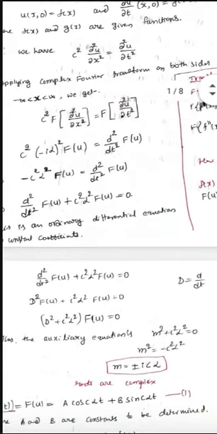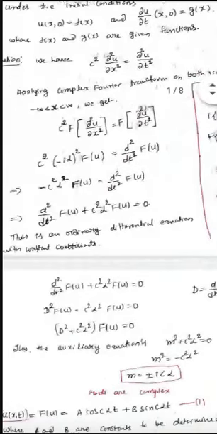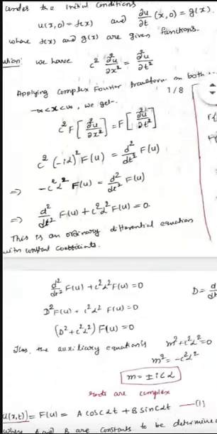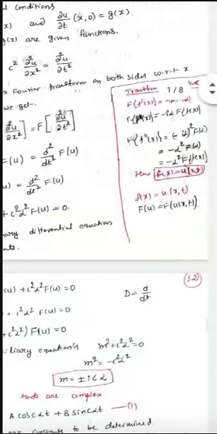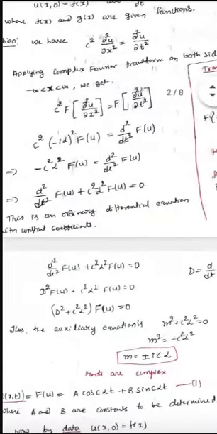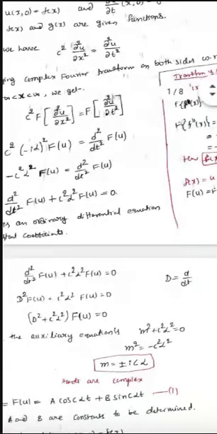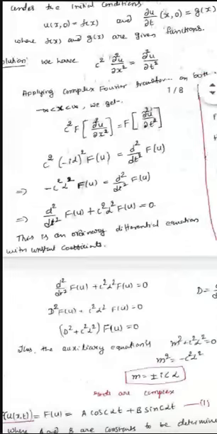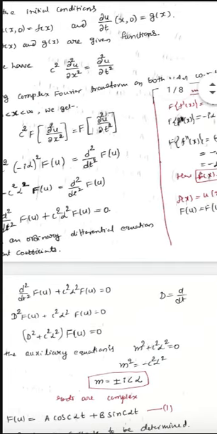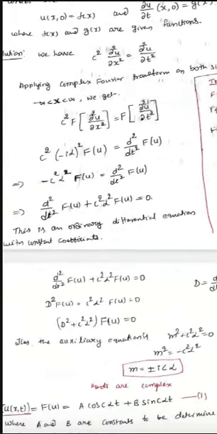Here also the same, that is equal to d square by dt square F of u, because there is a second derivative, ∂²/∂t². Here you just observe c square as it is. F of ∂²u/∂x² can be written as minus i alpha square F of u, and d square by dt square F of u.